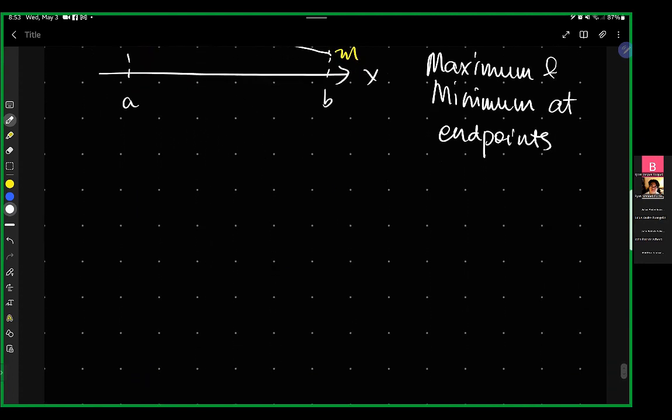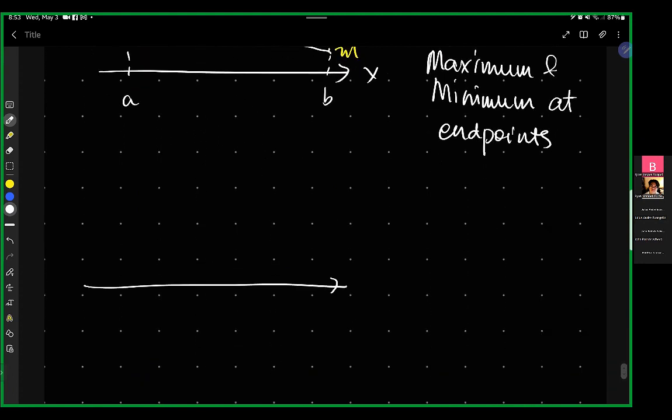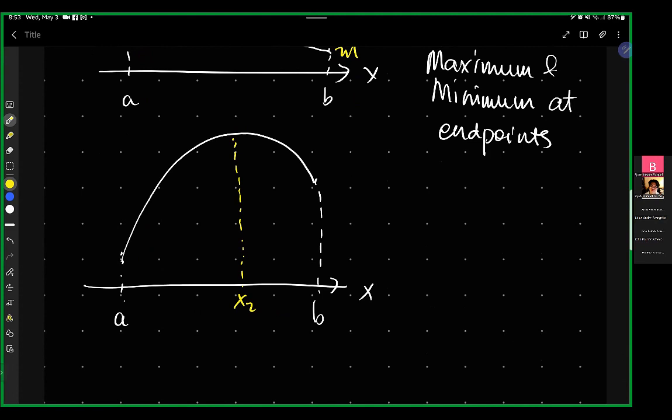Next, let's consider another case. So let's say you have a function that looks like this, and for the interval A, B. So as you can see, we only have a maximum. Meron lang tayong maximum value that we can have for y, where y is a function of x. So how do we define this?